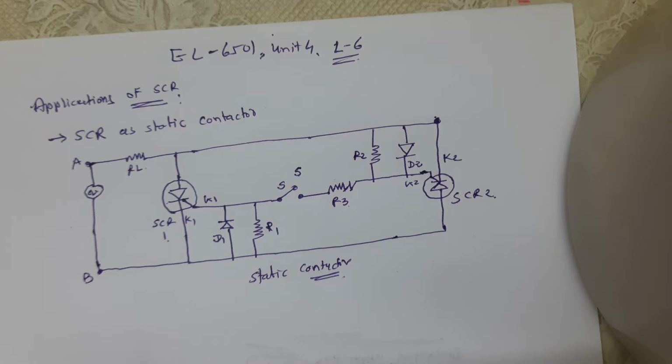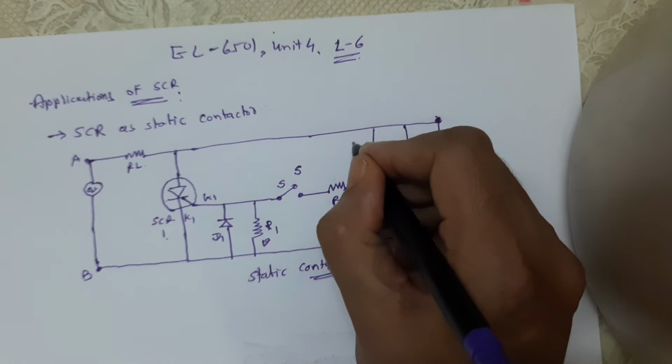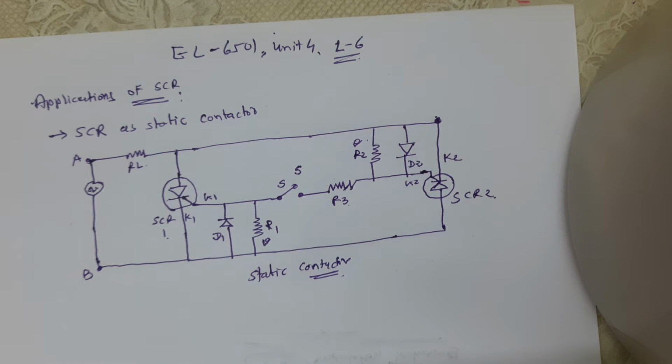This figure shows the use of SCR to switch on or switch off AC power to the load. Resistances R1 and R2 are for the protection of diodes D1 and D2 respectively. Here resistance R3 is the gate current limiting resistor.